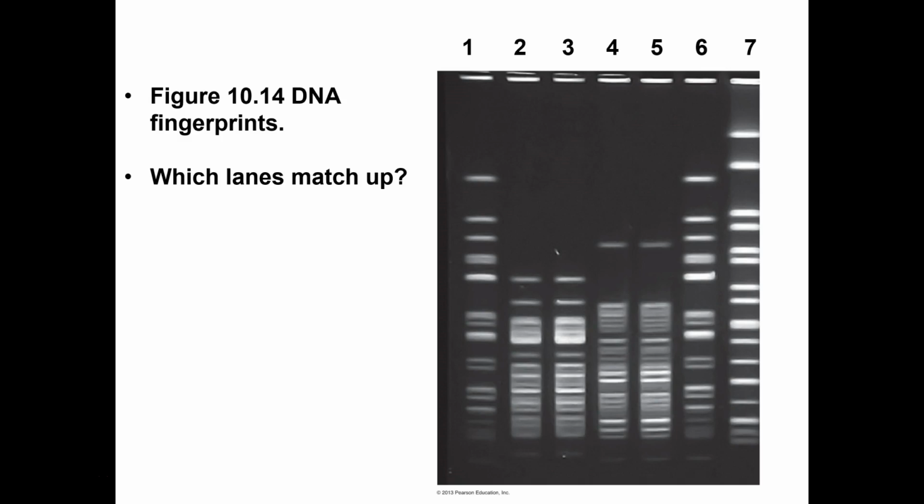So, for instance, we can see that these two organisms, we'll call organism A, are the same. Their DNA fingerprints match up. The next two, we'll call organism B. Okay, those fragments match up. The DNA from those came from the same species. And then the last one here, we'll say organism C. Those match up.